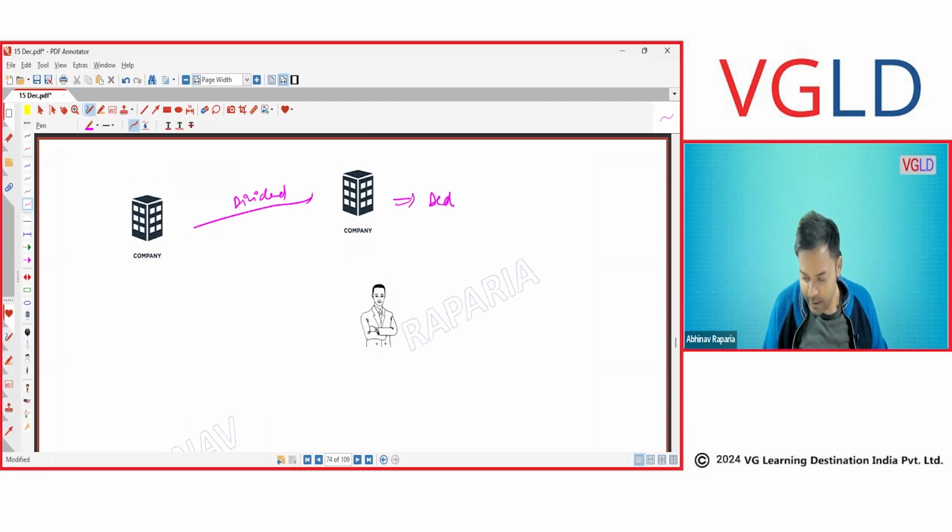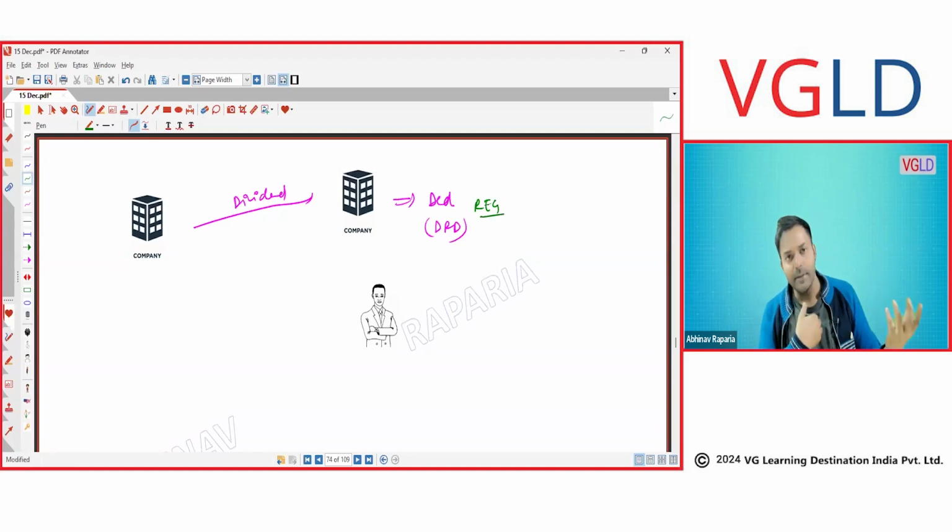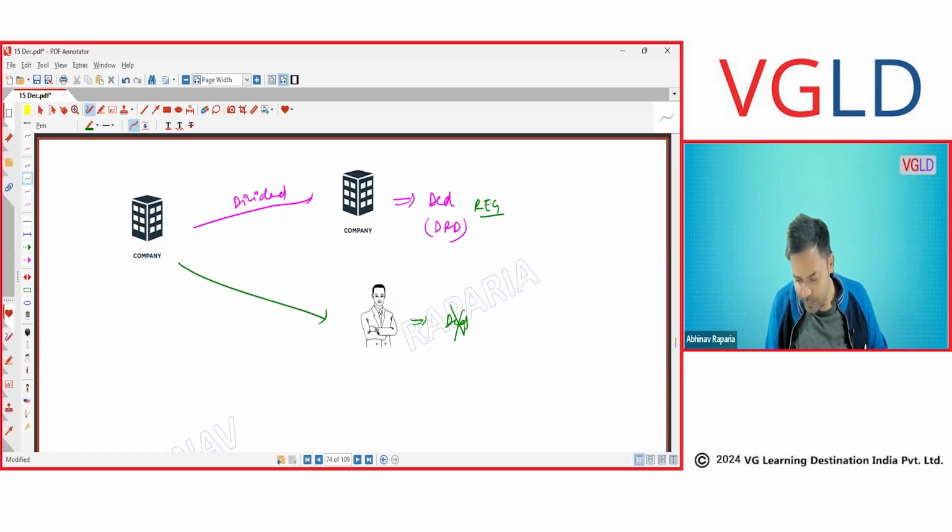We call this DRD. I think Ruchi might have done that. This is something we will discuss in reg. So companies get the deduction for it. If I'm receiving that dividend, I get the deduction for it. An individual does not get the deduction for it. This concept, don't worry, we'll discuss in reg. Point clear?